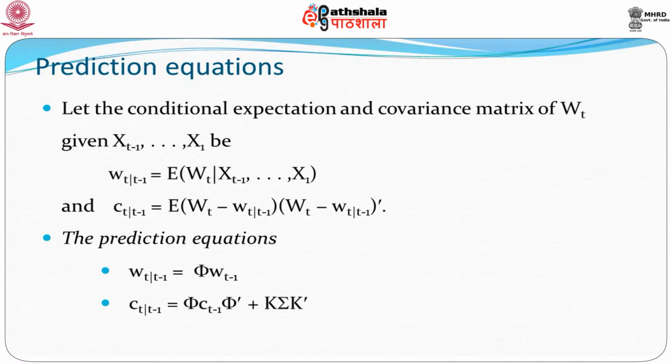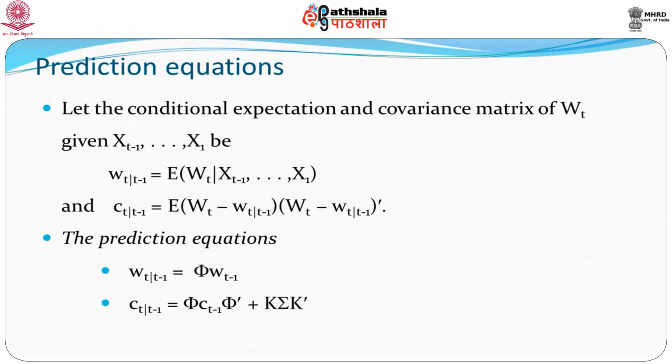In the observation equation, we have x t is equal to alpha prime W t plus epsilon t. So, that gives us a relation that x t minus 1 known means W t minus 1 is known. In fact, if you go now to the state equation, we will find that W t depends on phi W t minus 1 plus the error, and the error has expectation 0. Therefore, W t given the past would really be the first term, which is phi W t minus 1.